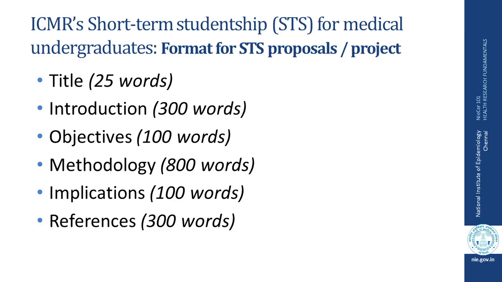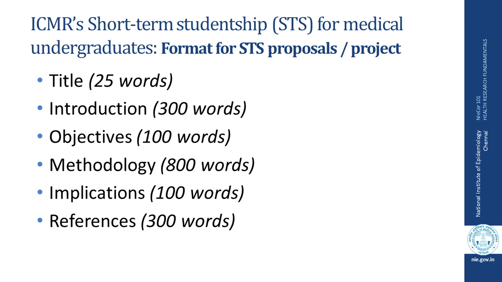Now, if you see the outline that we provided, most of this can be taken from the generic concept paper that we just now provided you, except maybe novelty, you may have to write it as a fresh section. The ICMR is also promoting research culture among medical undergraduates. They are offering what is called short-term studentship for medical undergraduates in India.